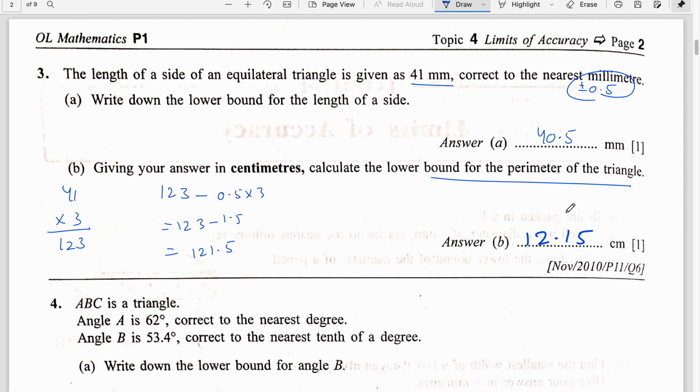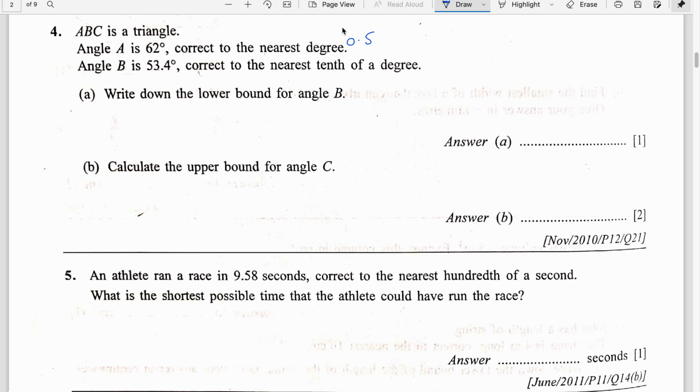Question number 4. ABC is a triangle. Angle A is 62, correct to nearest degree. Angle B is 53.4 degrees, correct to nearest tenth of a degree. So it is already 0.1, half of that would be 0.05. Write down the lower bound for angle B. So 53.4 minus 0.05 is 53.35.